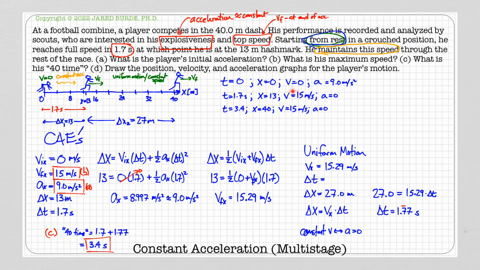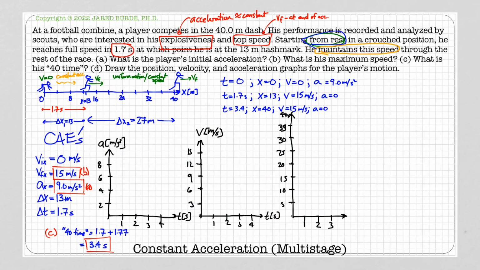We need our velocity to go from 0 to 15, and our acceleration to go from 9 to 0. In this case, we have a constant acceleration of 9 meters per second squared during this first 1.7 seconds. So our acceleration is 9 during that region, and then it's 0 for the rest of the race.